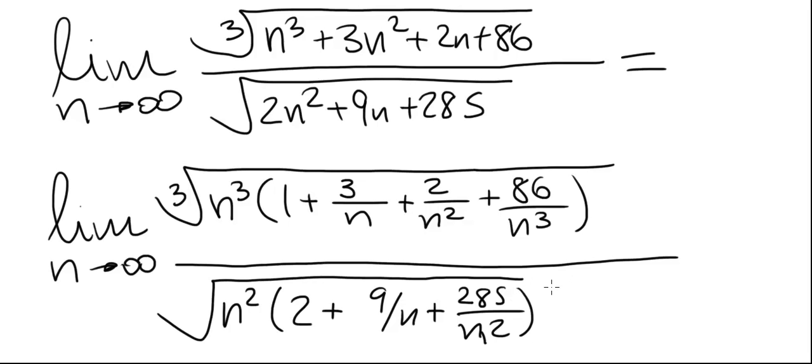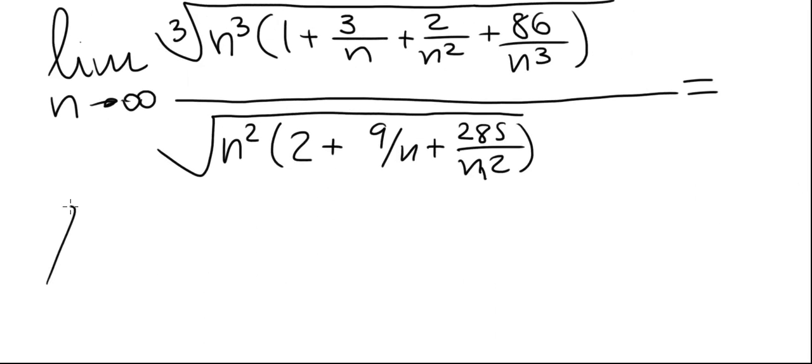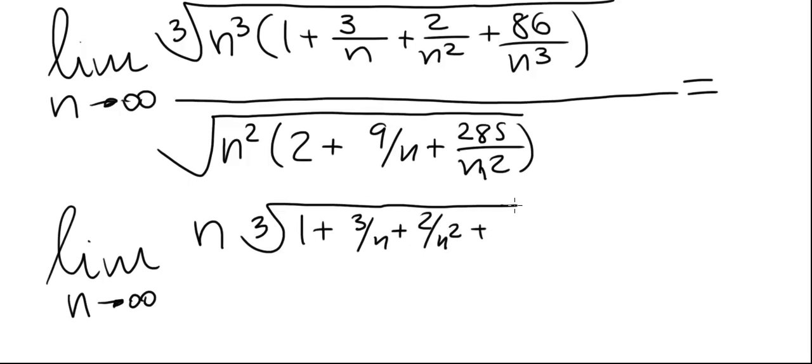And so now we'll do one more step. We'll take the cube root of n cubed, which is n, so this is the limit as n goes to infinity. Cube root of n cubed is n, times the cube root of what's left, which is 1 plus 3 over n plus 2 over n squared plus 86 divided by n cubed.